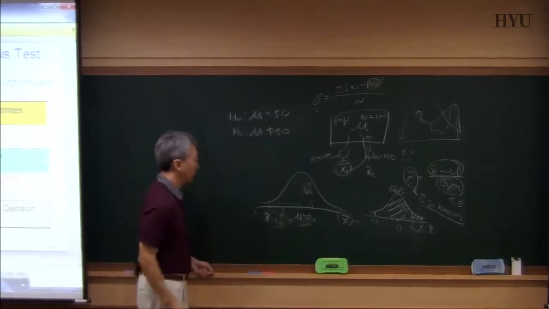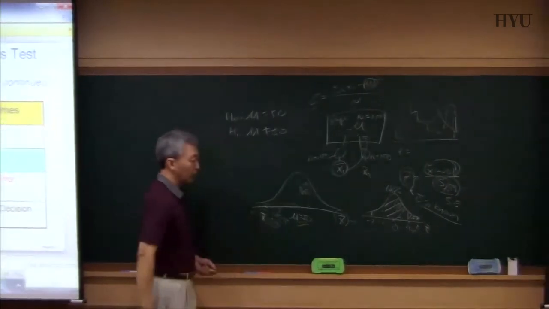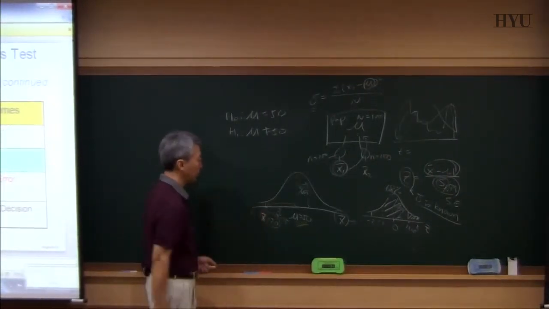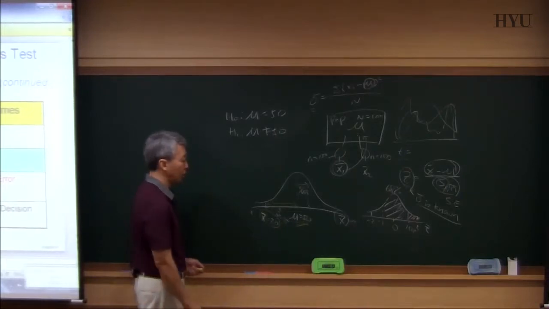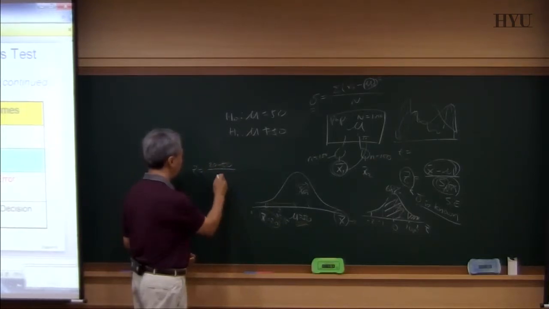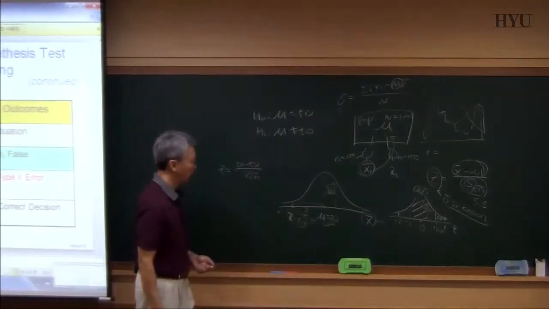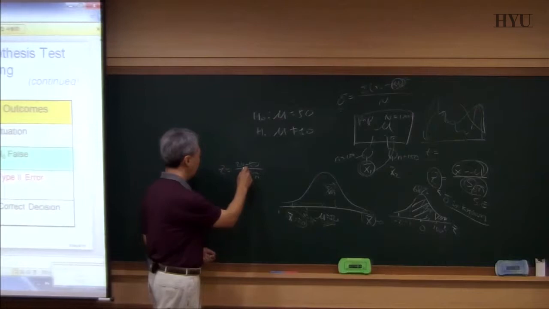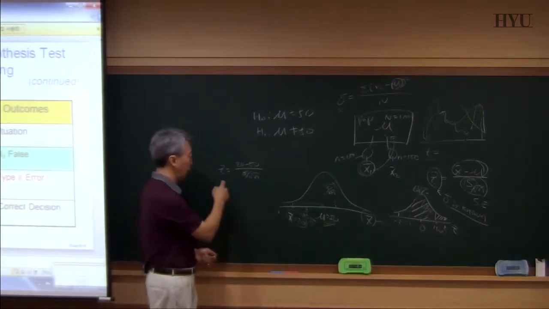Because your sample result was just too far away, which makes your test statistic too large, right? It is whatever 20 minus 50 divided by s over square root of n, right? Actually, this should be sigma because we are using z statistic.